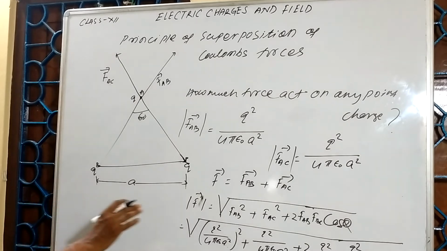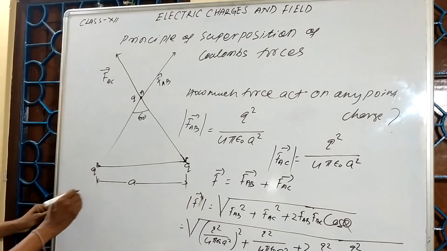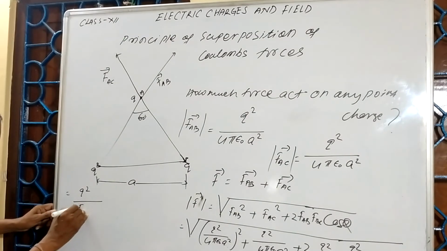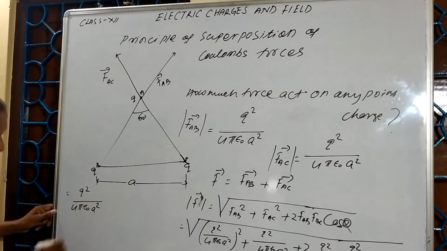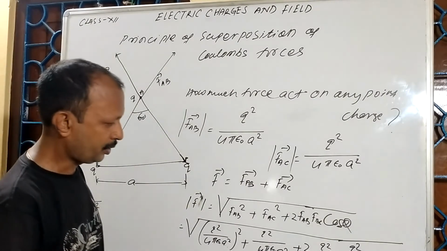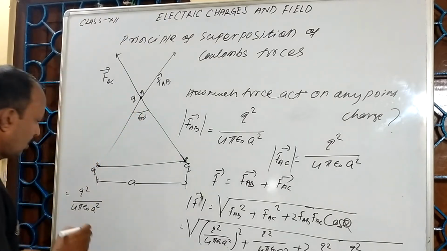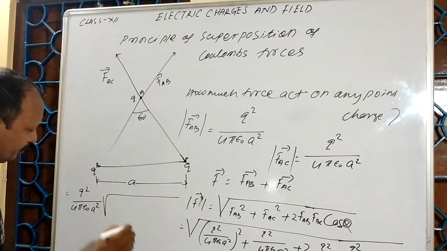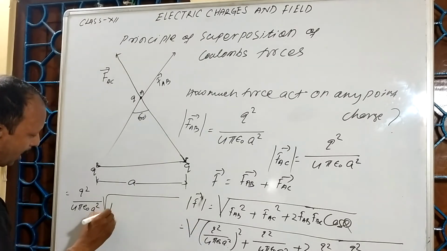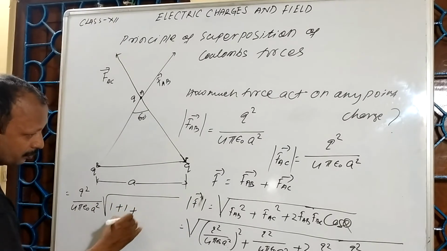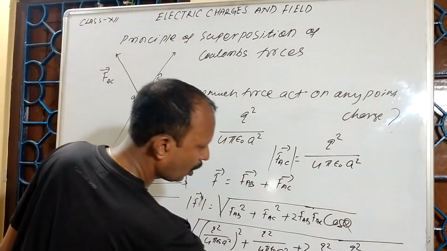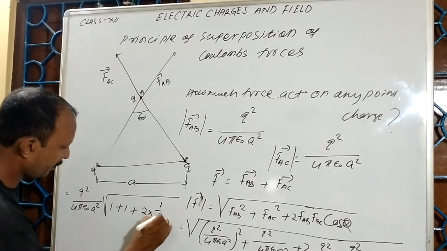So I can take q square over 4 pi epsilon naught a square common. How much will be left? It will be 1 plus 1 plus 2 into cos 60 degree, which is 1 by 2.